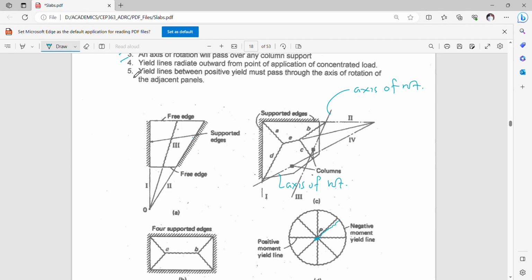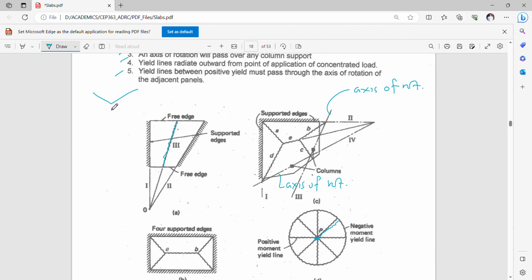So for number five, yield lines between positive yields must pass through the axis of rotation. So if you have two positive yields, how will you define a positive yield? A positive yield is like this, okay?